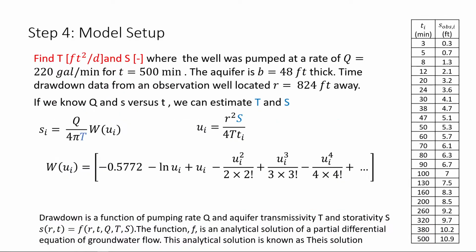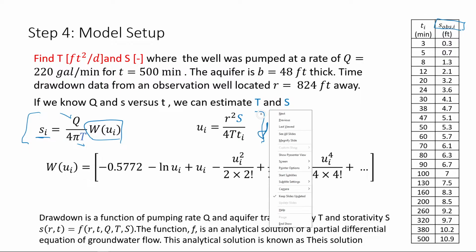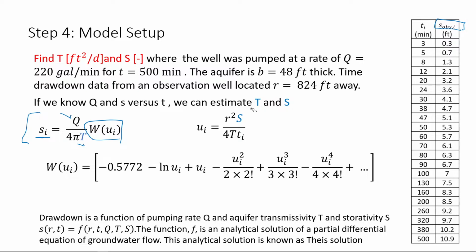So now here is my model setup. This is my main equation, the drawdown, as a function of Q, T, and W(u), and W(u) is a function of S and r, the distance from where I am observing, the transmissivity that I want to estimate, and the different time steps.